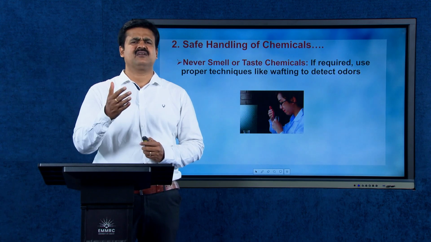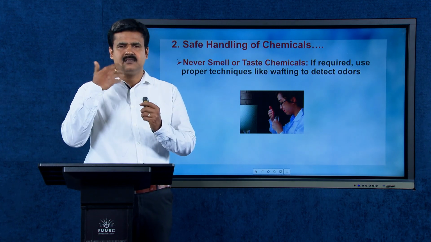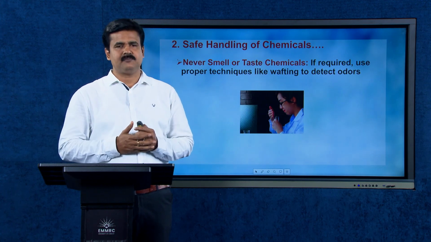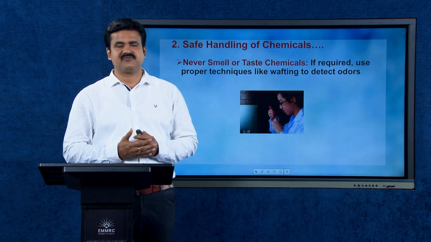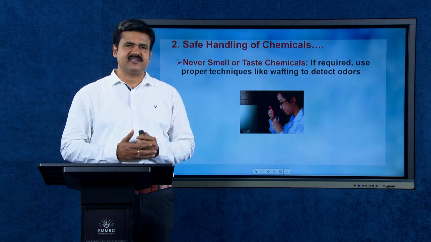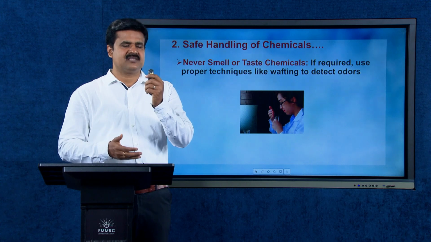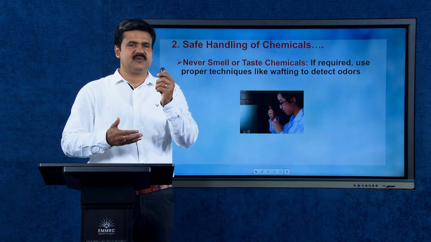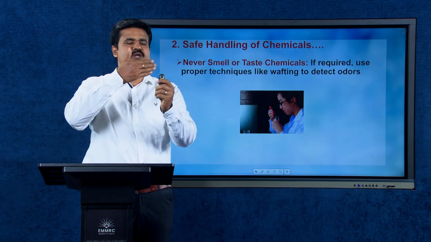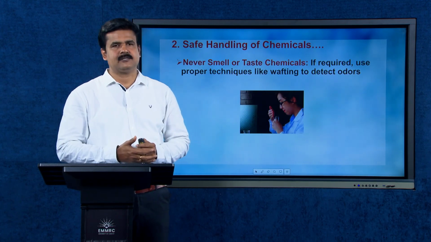Suppose you are doing some synthesis or chemical reaction, and some gas is coming out from a test tube and you have to identify its smell, you need not smell it directly. Instead, you can use a procedure called wafting. That is, you keep the test tube near the nose and waft the vapors towards it like this. This procedure is called wafting.